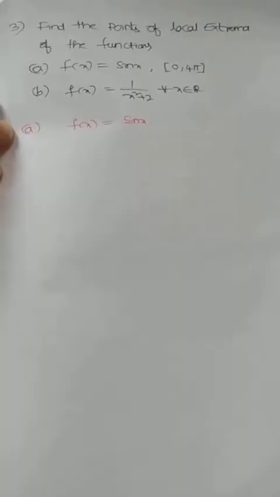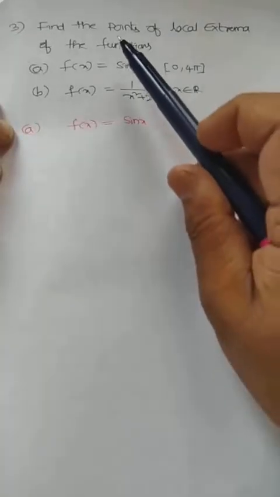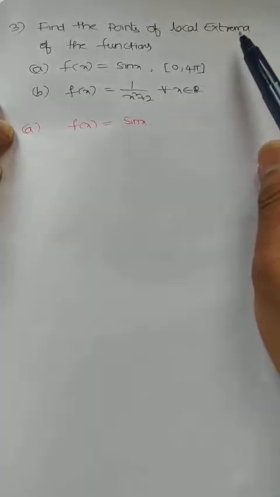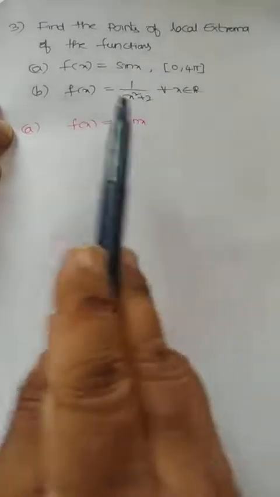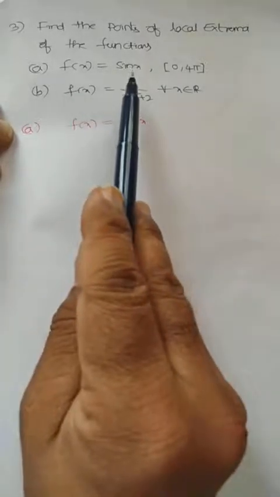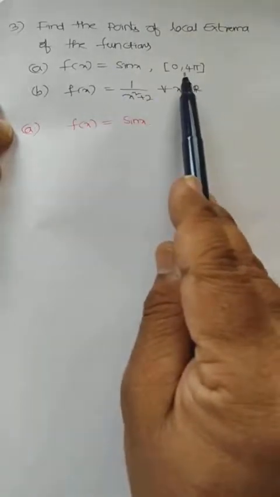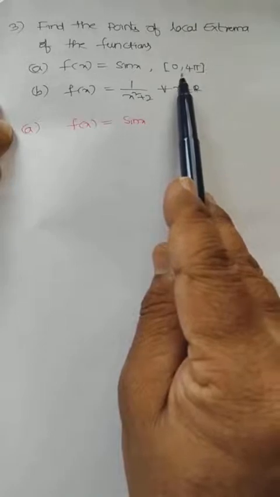Now the next problem: find the points of local extrema for these two functions. The first function is f of x equals sin x, defined on 0 to 4 pi.